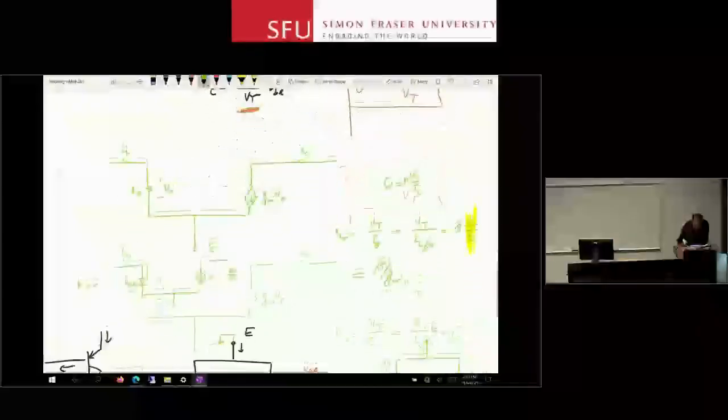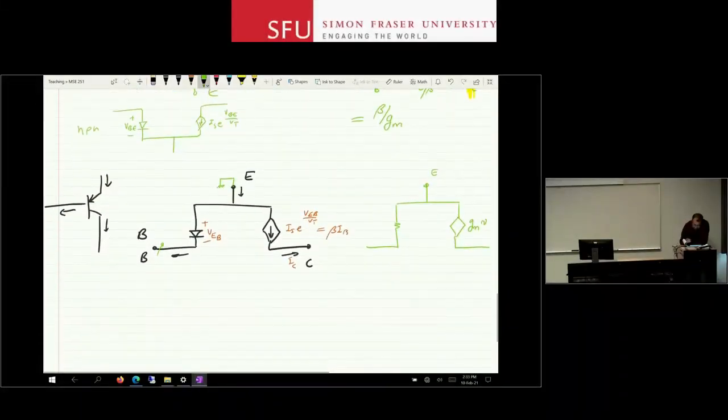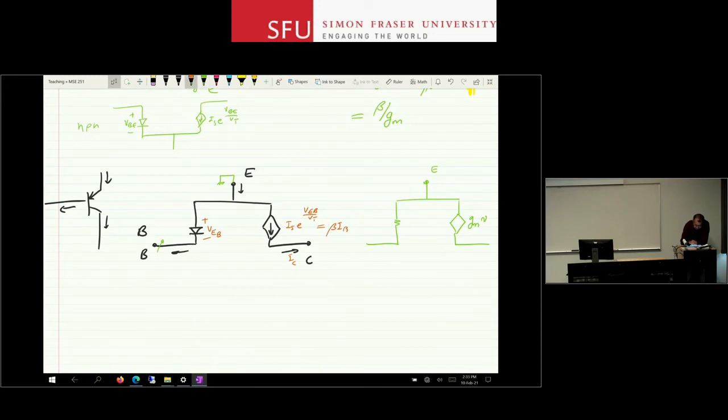So let's see what happens here. If I assume the same thing, that ic here is a change in base voltage is going to give me a small signal quantity. So emitter is grounded, so it's VBE plus vbe. As you increase the base voltage, what happens?